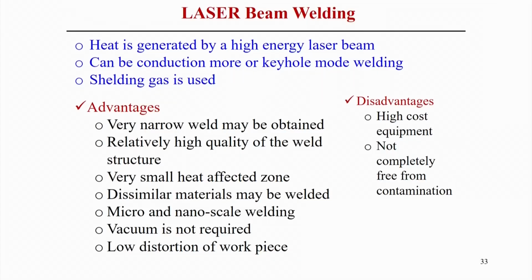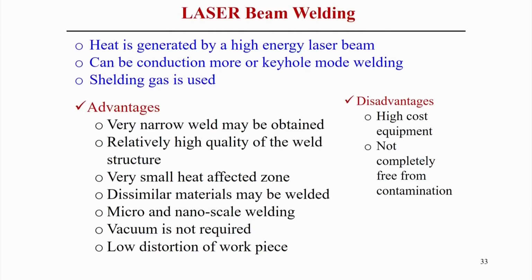The generation of the laser, all these things, the physics of the laser, can be explained in a different module, but knowing all this about the laser, we can say that laser beam welding is mainly advantageous to produce a high depth of penetration, and it creates a limited size of heat affected zone and limited size of molten pool.